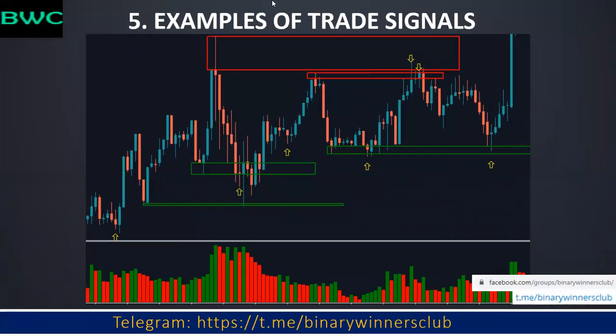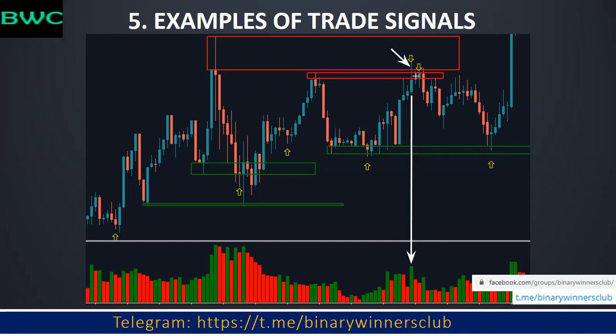For example, you want to see how market comes back to the zone. When market comes back to the zone, what we expect is volume to either increase, meaning the level is very strong, market's rejecting it, or decrease, meaning market's weak. For example, if you look at this rejection here, the volume is increasing, but there's a very long wick.